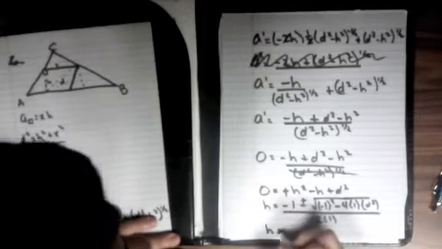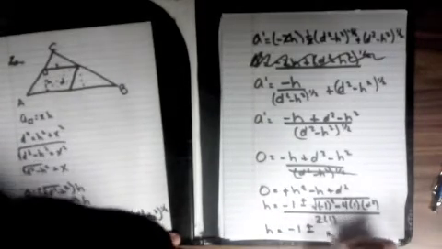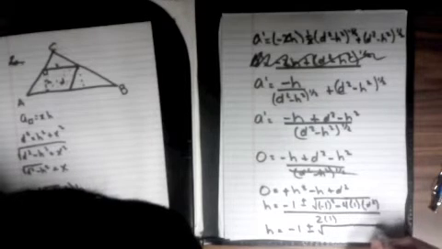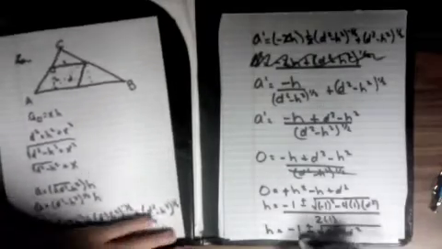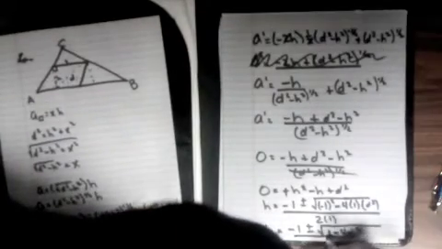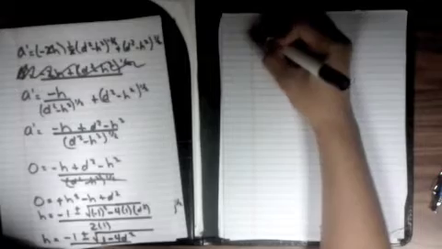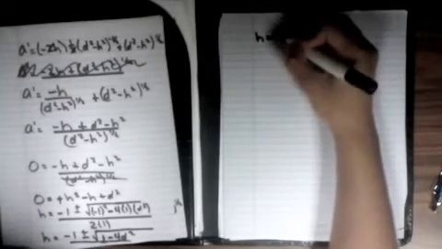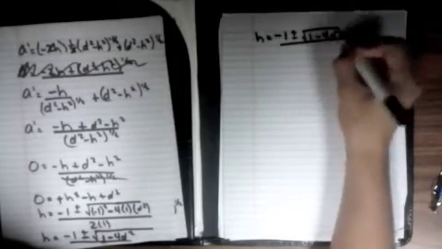So if we simplify this, h is equal to negative 1 plus minus the square root of 1 minus 4d squared over 2. So let's write this on the top here. H is equal to negative 1 plus minus the square root of 1 minus 4d squared over 2a.